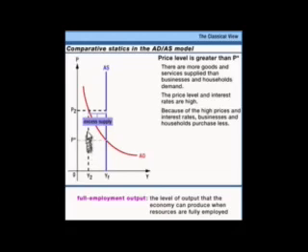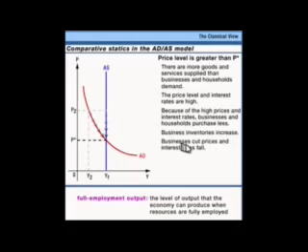In that case, the prices will begin to fall because stuff is piling up on businesses' shelves. Excess inventories lead businesses to cut prices. And as they do, the demand for money falls because people don't need as much money to do their shopping. Interest rates fall, and consumers and businesses increase their spending until we get back to our equilibrium price level, P star. This is the way the classical economy works.